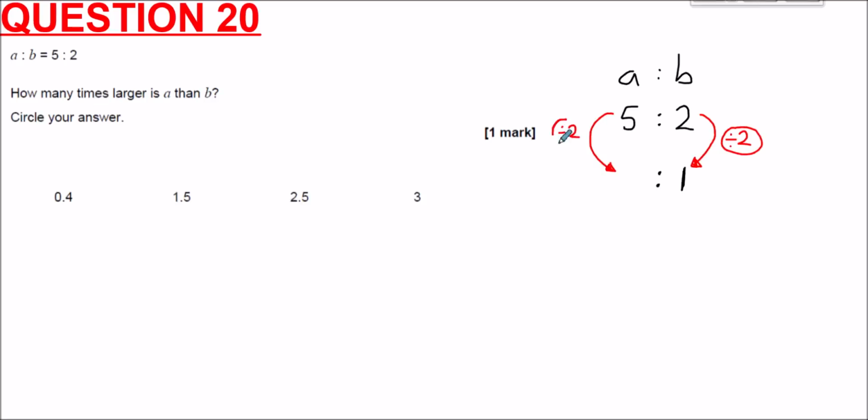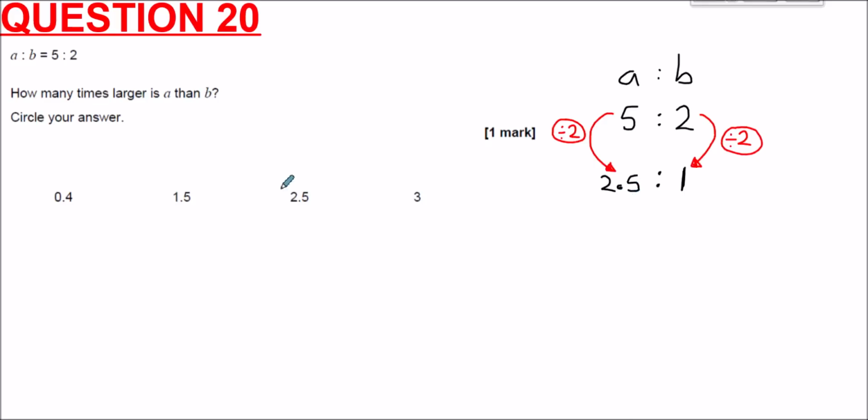And so 5 divided by 2 would be 2.5. Now this is much more useful and powerful because this tells us for every one lot of b, we've got 2.5 times as much for a. And so to change from b to a, we'd have to multiply by 2.5.